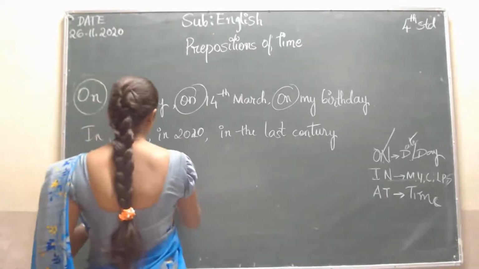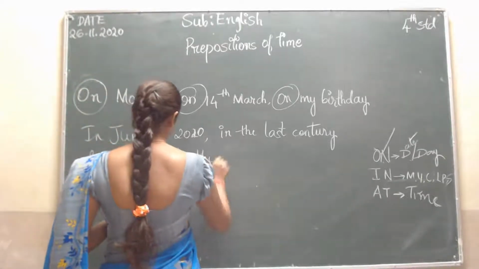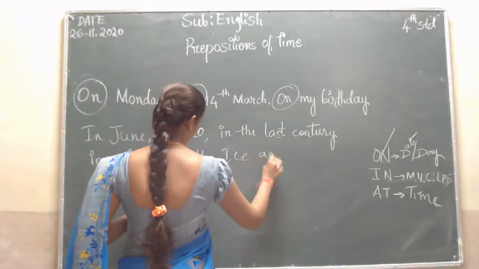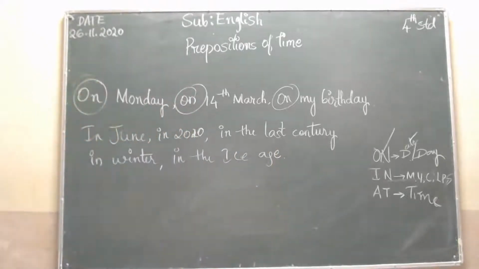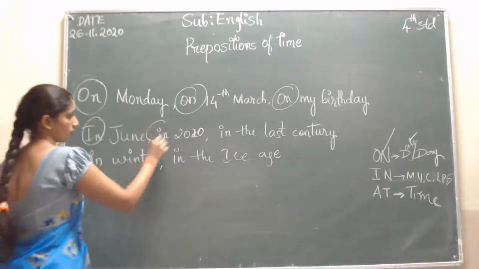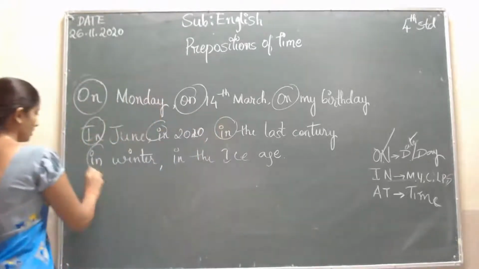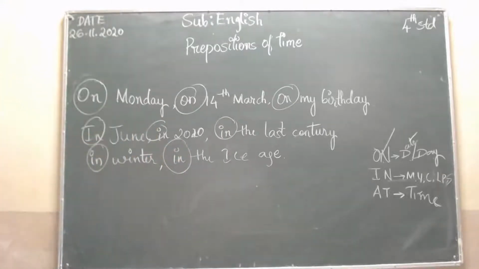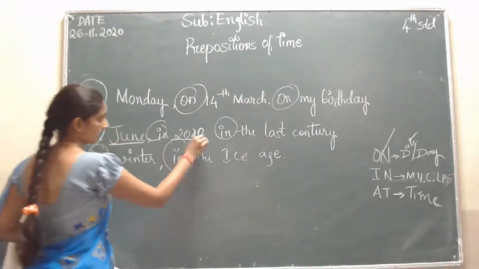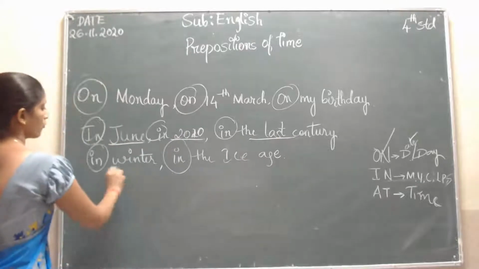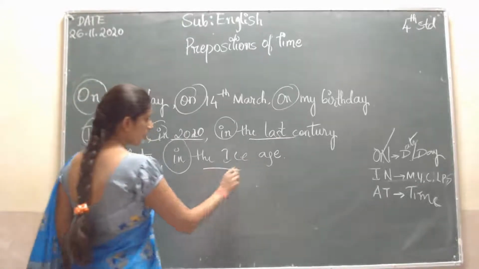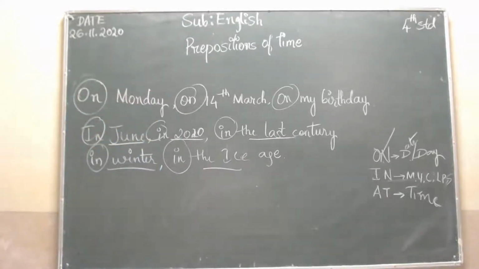Why are we using in for the month as well as for the year, for the centuries, the seasons, and for long periods? Because we use in for months, for years, for centuries, for seasons, as well as for long periods. For all these things, we use in, right?